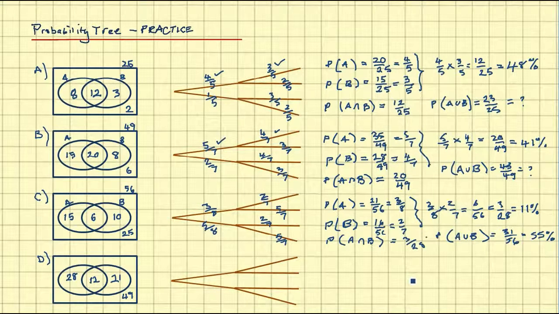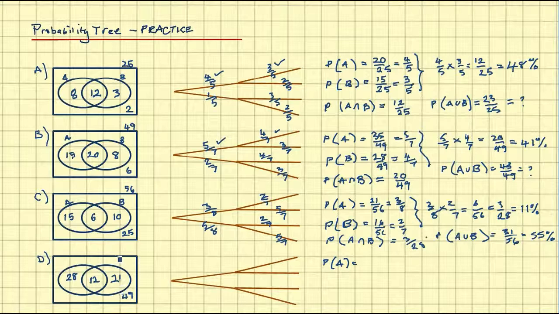So finally, problem D. And if you haven't paused the video up to now, or even if you have, time to pause it and give it a go. Okay, so probability of A. Well, that's going to be 40 out of whatever the total is here.